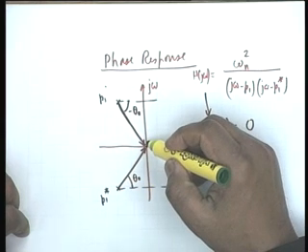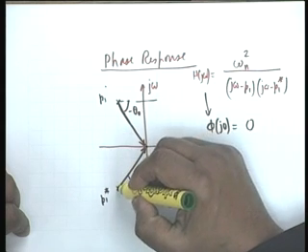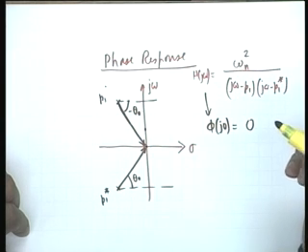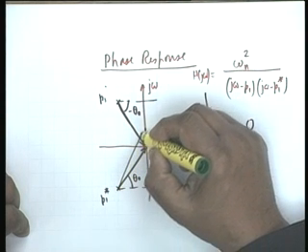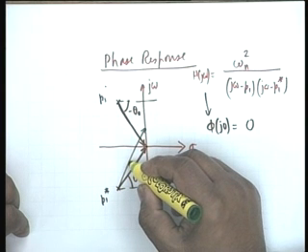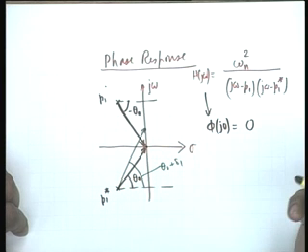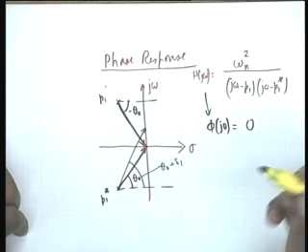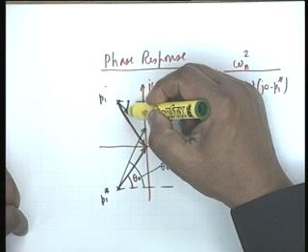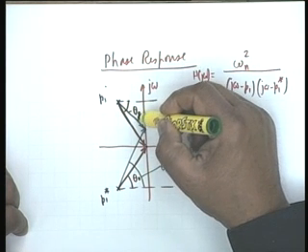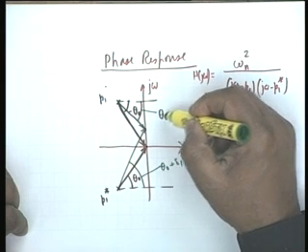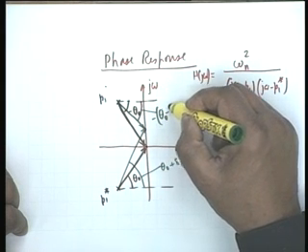Now if I take a frequency slightly away from the origin, let us say here, then what happens to this angle? This angle increases. This becomes, let us say, theta 0 plus delta 1. On the other hand, this angle decreases. Let us say this angle becomes theta 0 minus delta 2.